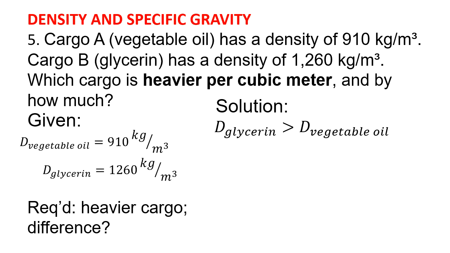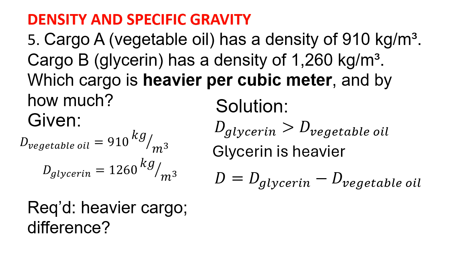Now, since we're asked to compare, from our data, we know that the density of glycerin is greater than the density of vegetable oil. Hence, we can say that glycerin is heavier. And to find out their difference, we simply subtract them.